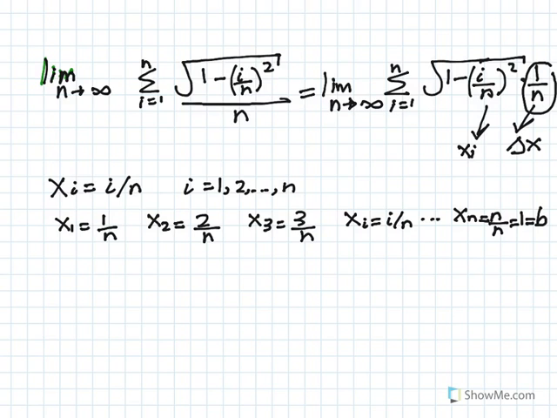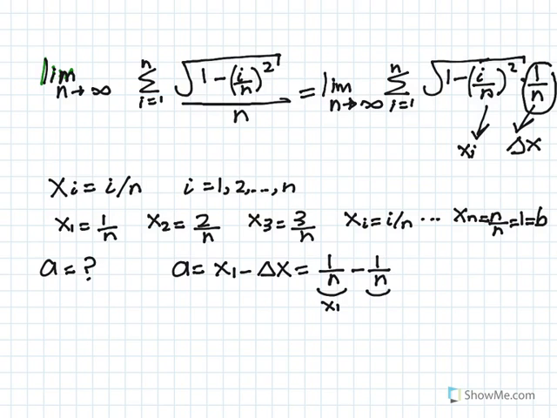So how do we find a? Well, there are two ways to do it. The first method is more rigorous, and basically we say a is equal to x1 minus delta x. And that's going to give us 1 over n minus 1 over n. This part is x1, and this part is delta x. And that difference is just 0.